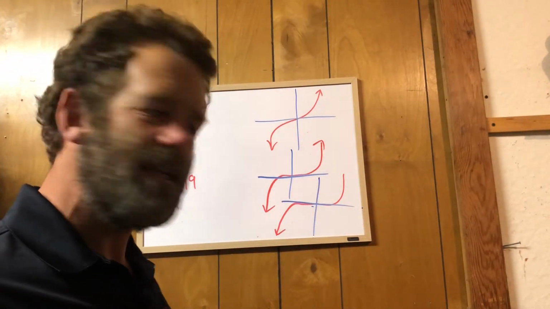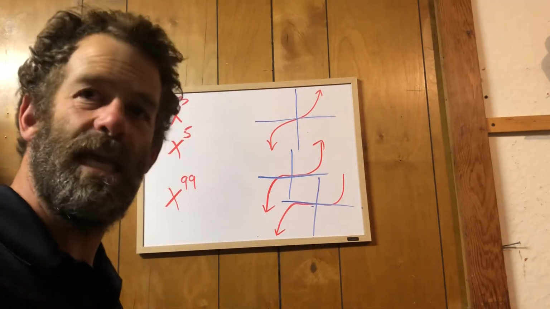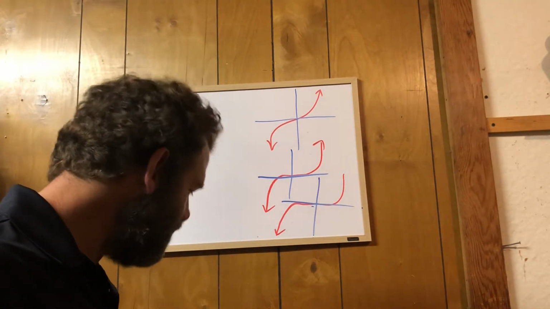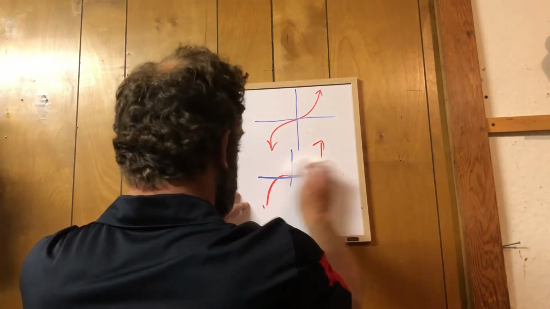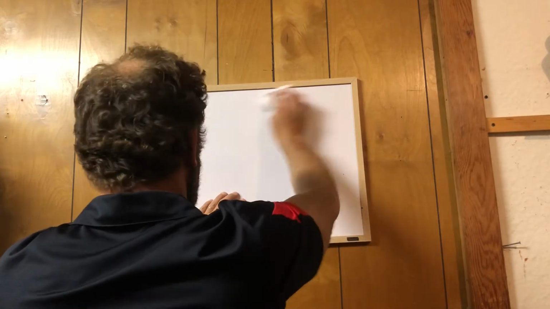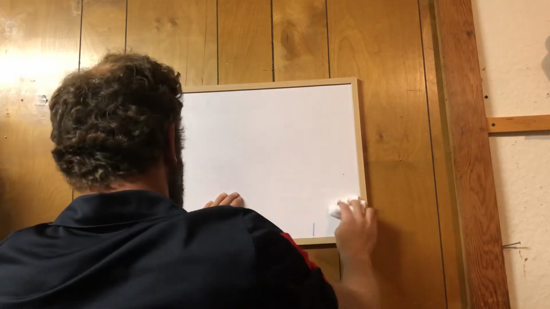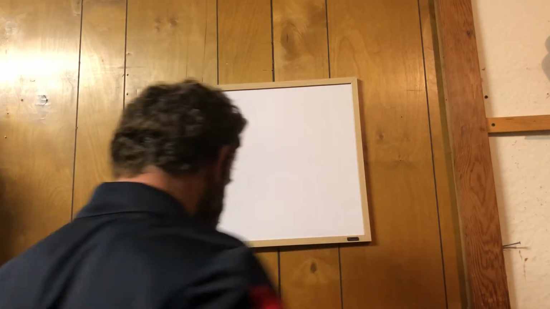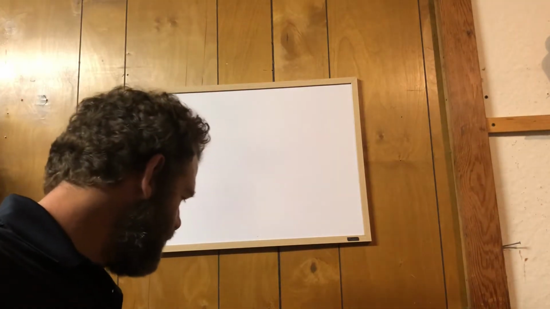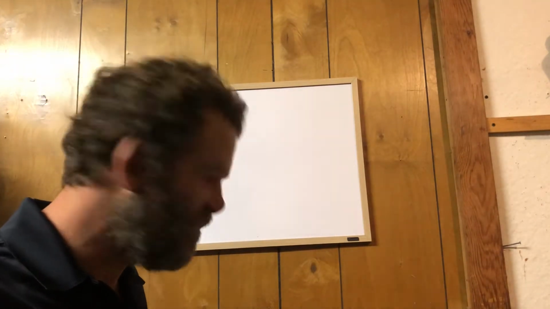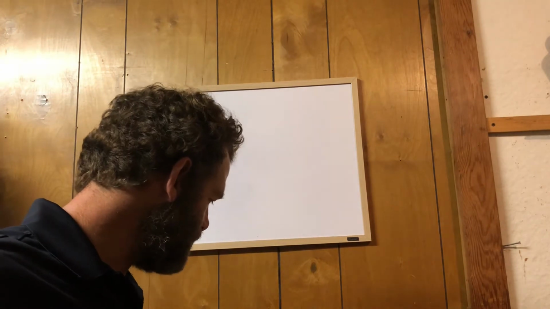And we're going to get into these a little more in depth in a little bit. Even-powered functions are the next thing on your graph, but actually let's stick with odd-powered functions. It says, for example, x minus 2 times x plus 4 times x plus 3.